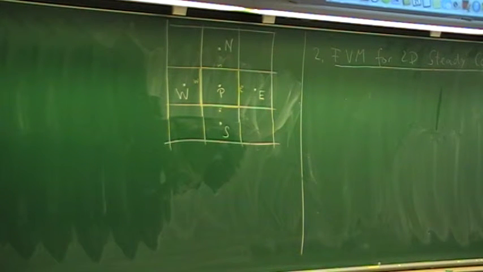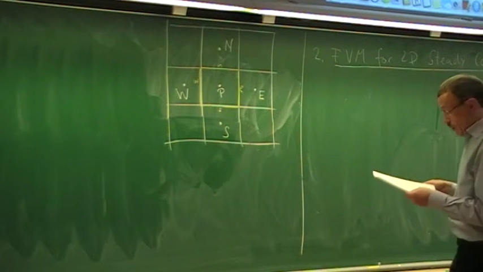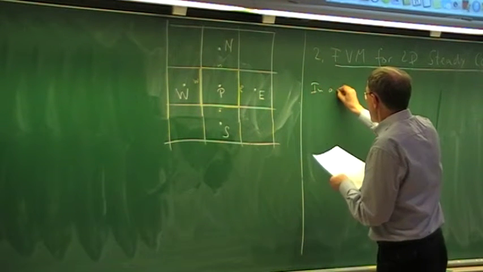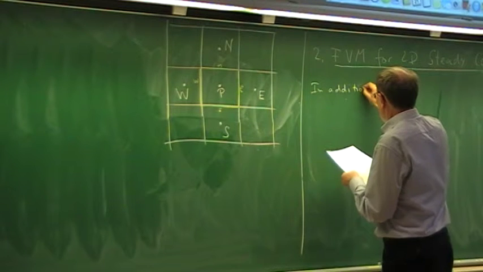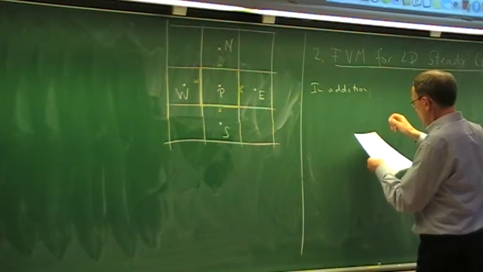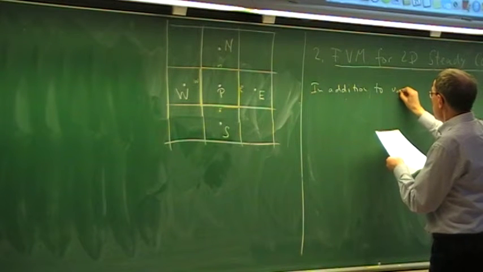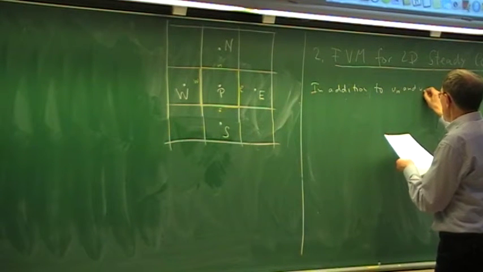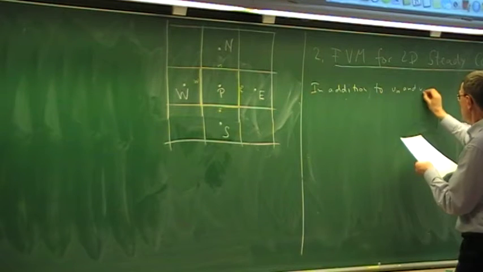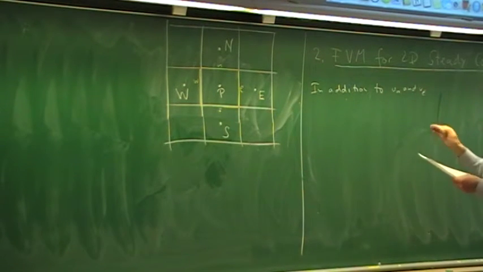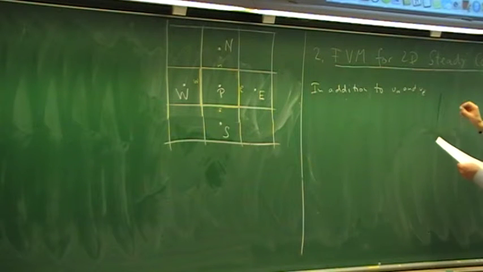So that means we have now also to approximate those. So we have now, in addition to UW and UE, that are the velocities at the western and eastern faces.